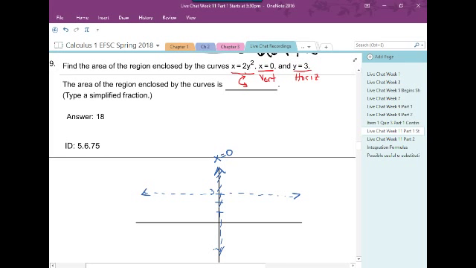Okay, and then x equals 2y squared. Well, where is it going to intersect x equals 0? Well, that would mean that when x is 0, that 0 equals 2y squared, so y would have to be 0 as well. So it goes through the point 0, 0. And where would it intersect the line y equals 3? Well, that would mean x equals 2 times 3 squared, which would mean x is equal to 18.